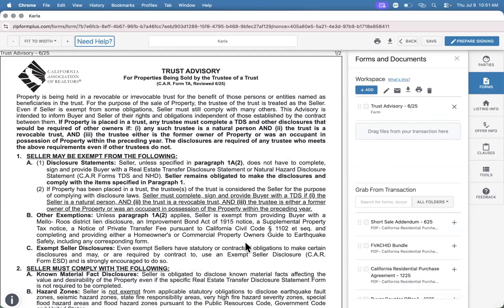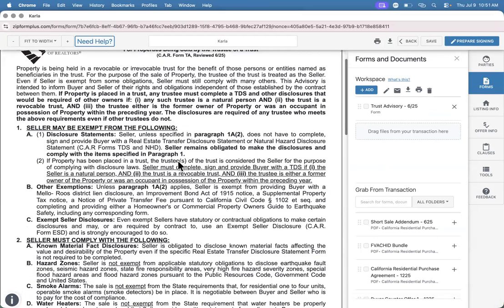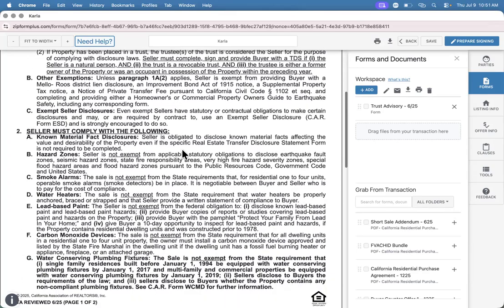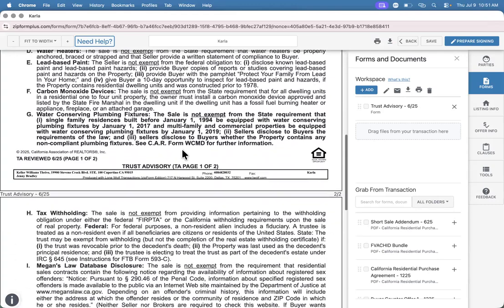Okay, so trust advisory is for properties being sold by the trustee of a trust. This is pretty common for people who have passed away and then the trustee comes in and has to sell the house.